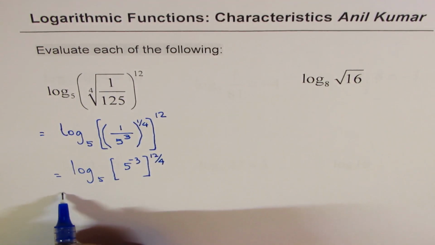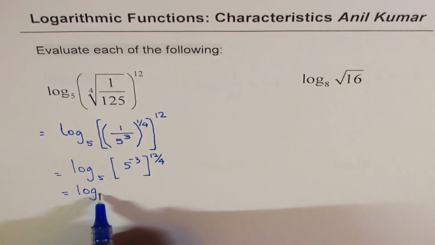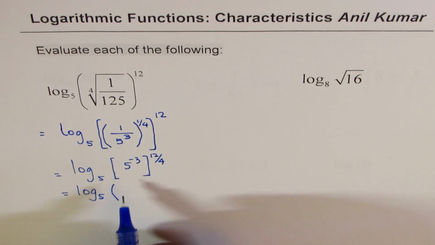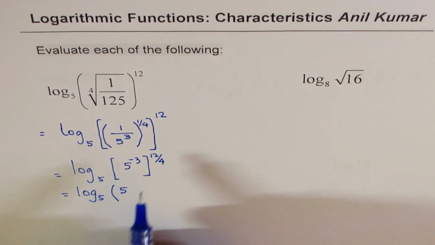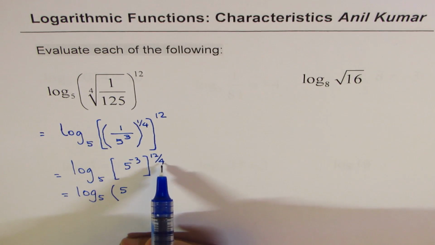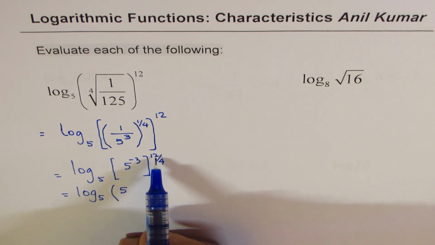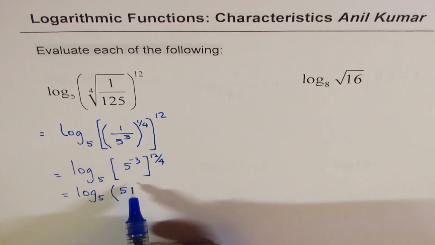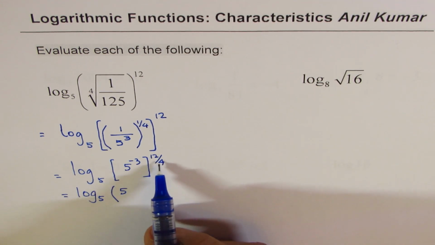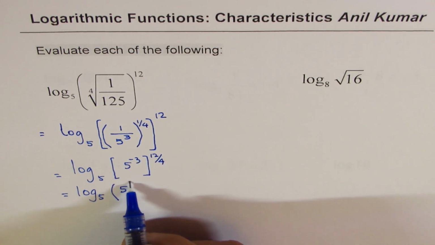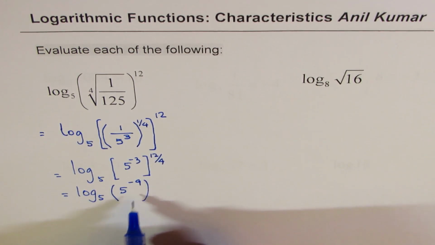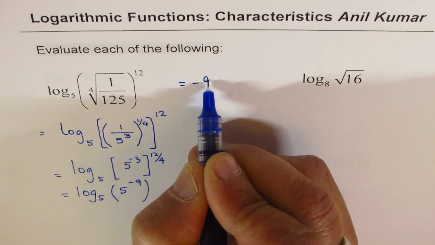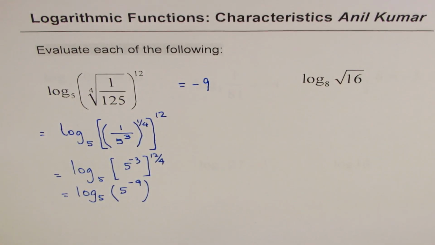Okay. And this could be written as log to the base 5 of 5 to the power of. Now if you do your maths, 12 divided by 4 is 3, and 3 times minus 3 is minus 9, right? So 3 times 3 is 9, so you get minus 9, perfect. And therefore, the answer is minus 9, correct?